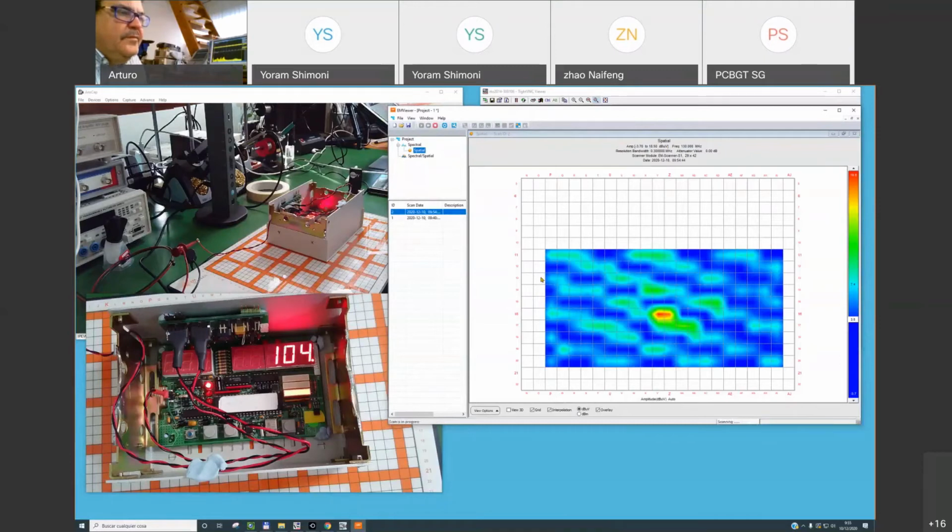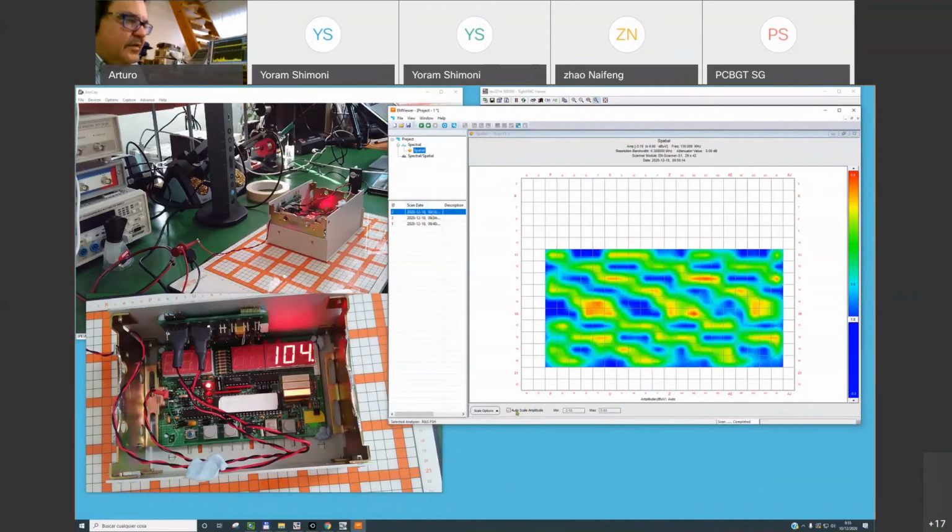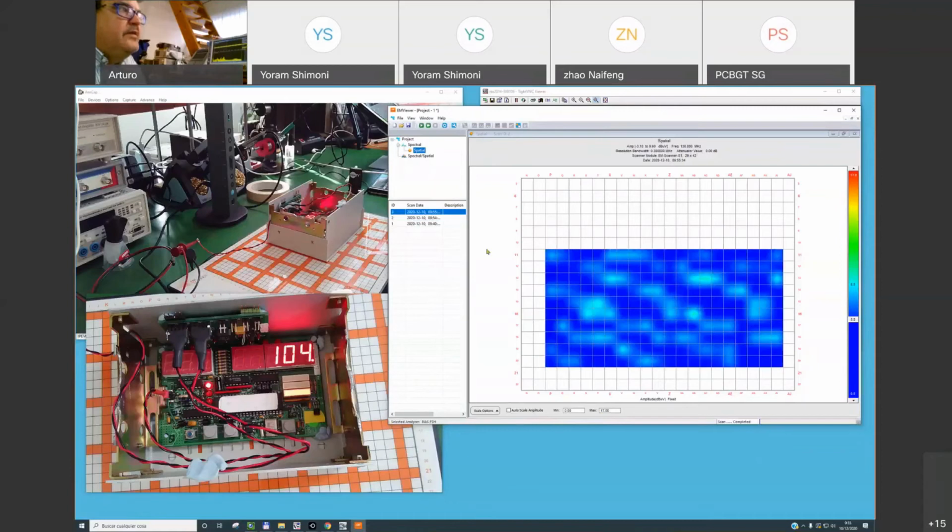Now let's go to the scale options, and let me remove the auto scale option and put the minimum value from -3 to 17, and the same here, from -3 to 17, so we can really compare.